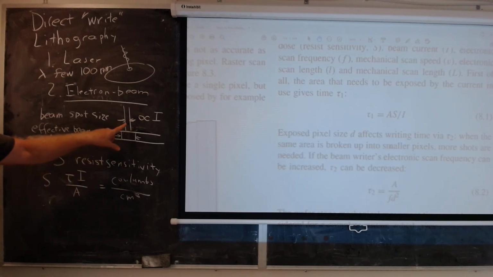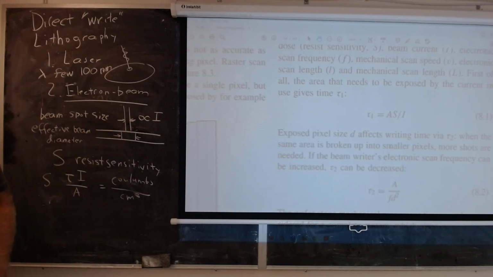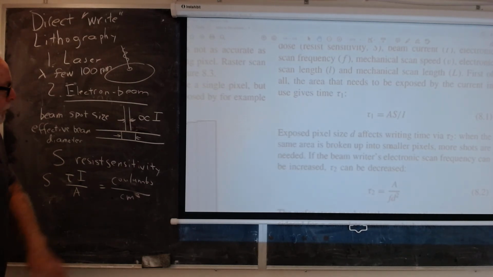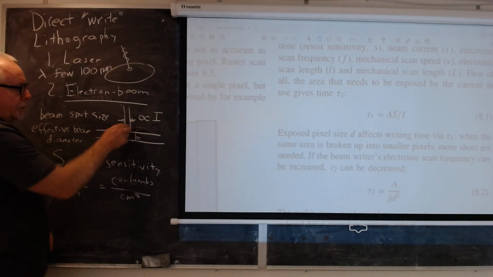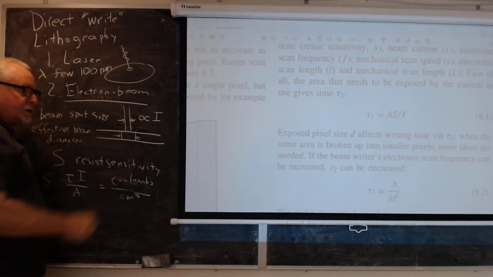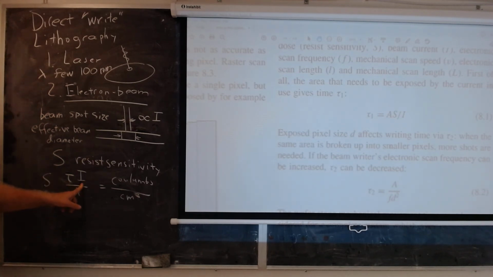But what's really happening here is that this beam width is governed by the repulsion between the electrons in the beam. And it just sort of works out that the higher the current, the wider the beam is going to be. So no, you can't just raise I to decrease the exposure time, because if you raise I too much, the beam gets too wide.